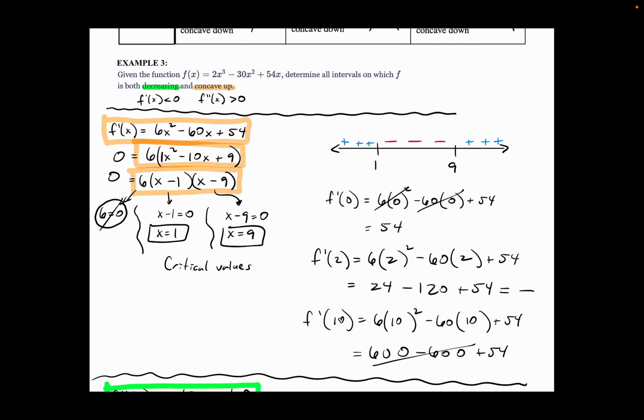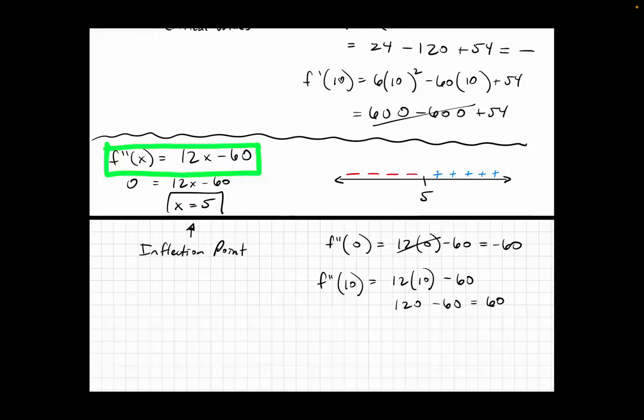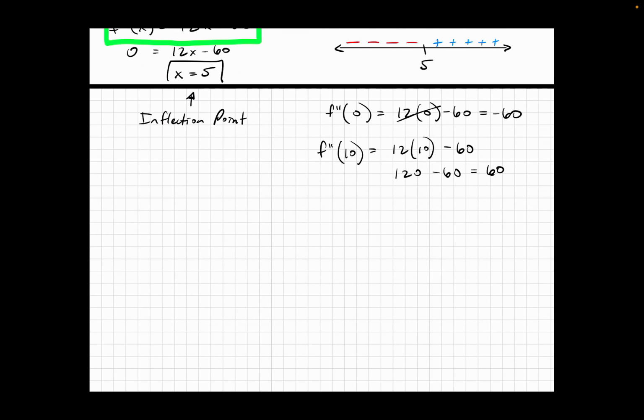From negative infinity to 1, it's the opposite. It's increasing and concave down. This is the only interval, from 5 to 9. So we would say f of x is increasing, or was it decreasing?